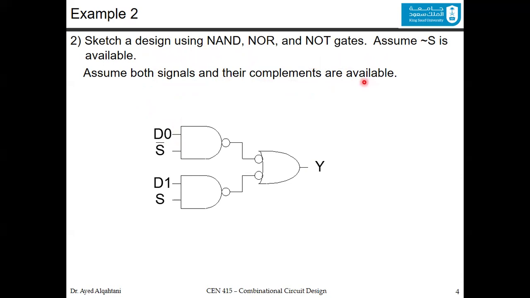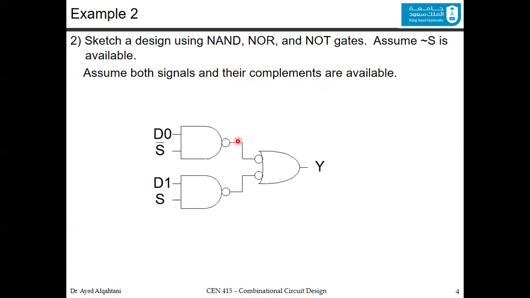The reason is that at the beginning, the inputs are usually stored in the memory, the main memory or the cache. We'll talk about the design of memory in a later chapter. Every memory cell, if you want to read it, can give you the output and the output bar. This is why we make this assumption.